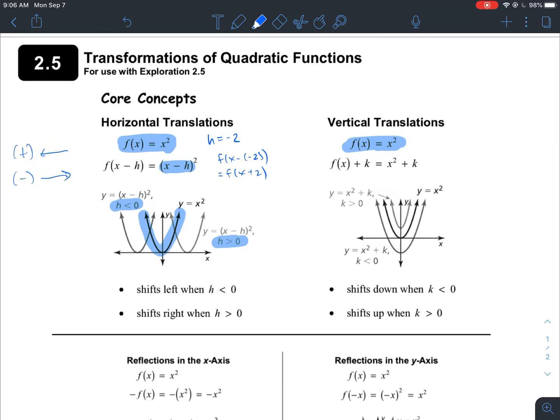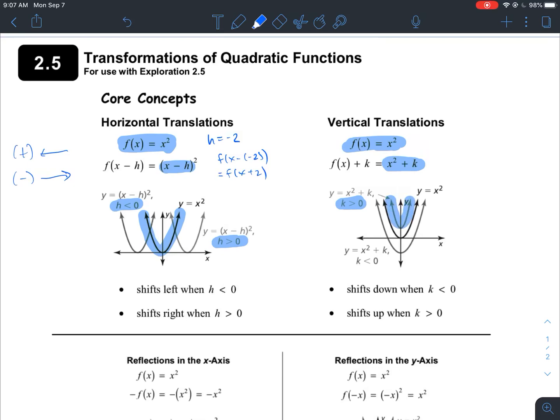Now for the vertical translations. You can see here that's still the same as before. We have our function plus k. So that's equal to x squared plus k. Alright? And then whenever k is positive, greater than 0, you're going to go up.